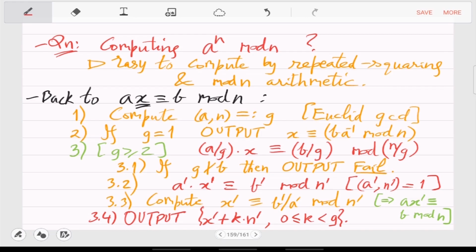So with that, your program will actually find all the solutions. It will say that there is no solution, or it will say there is a unique solution, or it will say that, well, there are multiple solutions and these are the only ones. Okay, this is a complete computer program to solve linear systems mod n. Any questions? It just uses Euclid GCD.